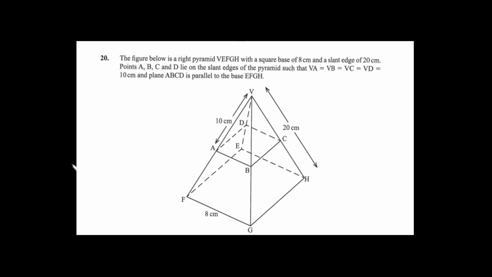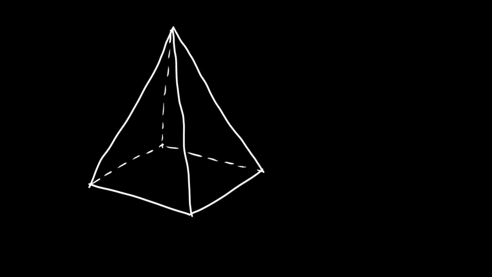So let me try to draw this pyramid, though I'm not so good at drawing, but I hope I'm going to make it. So there it is, just a sketch.